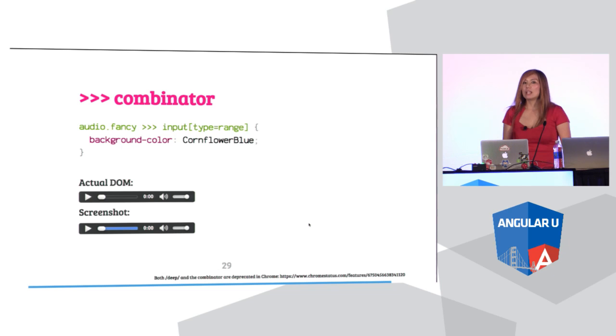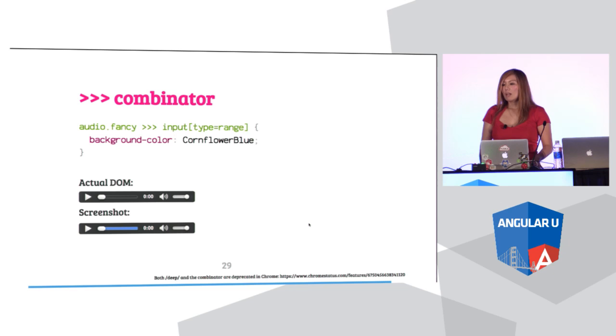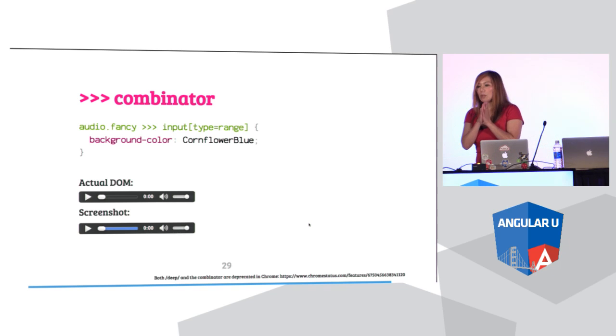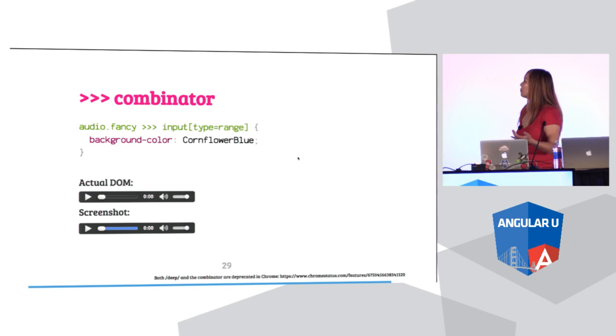Then I remembered Chrome was using something called /deep/. If you've ever used this, it's now replaced by the shadow-piercing descendant combinator, so /deep/ is deprecated. If you've never heard of it, just forget it, you don't need it anymore. But then it's replaced by this combinator, and then it stopped working again.